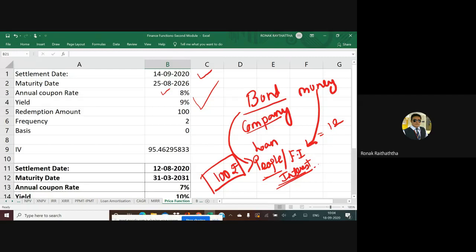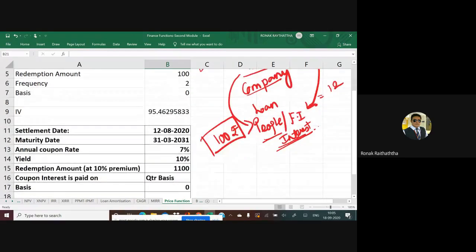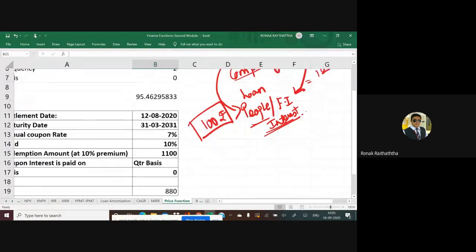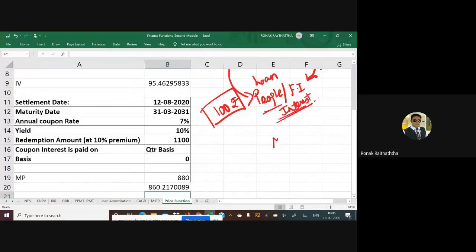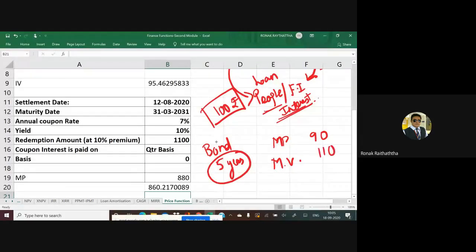Okay. Now, if you invest in a bond, it is not only the interest which you get as a return, right? Say the market price of the bond is 90, and the life of this bond is, say, 5 years. Once these 5 years are completed, the maturity value, the value of the bond that would be given to you after the completion of 5 years, would be say 110.